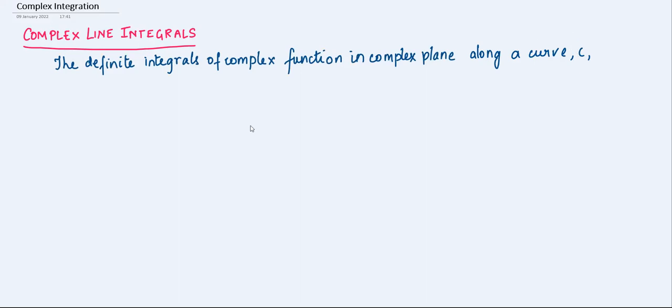Any curve between 2 points. This is complex line integral. These are just like vector line integrals, where we discussed line integrals. Here C is the path of integration.